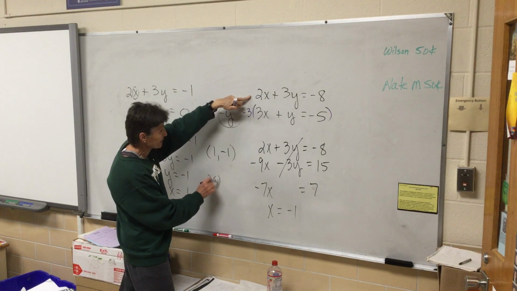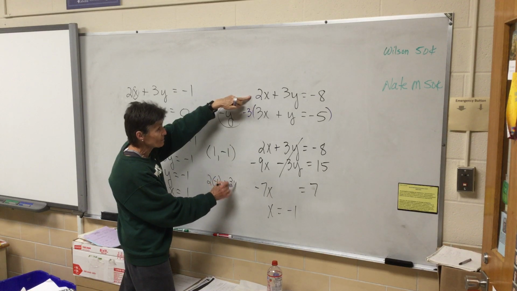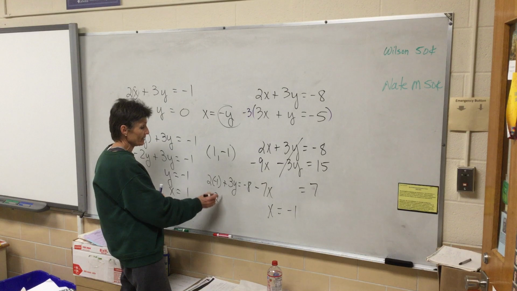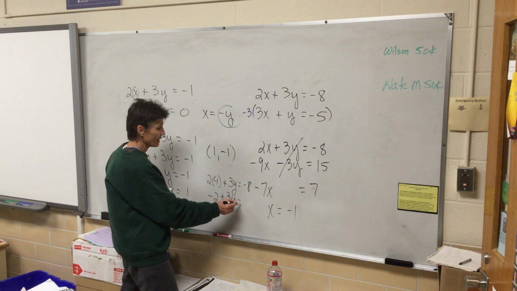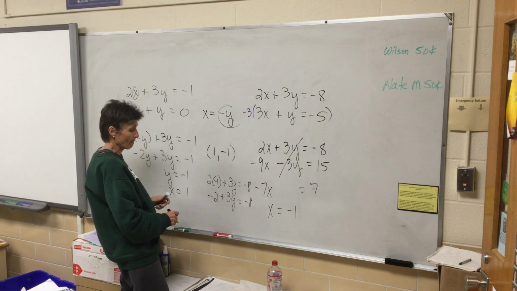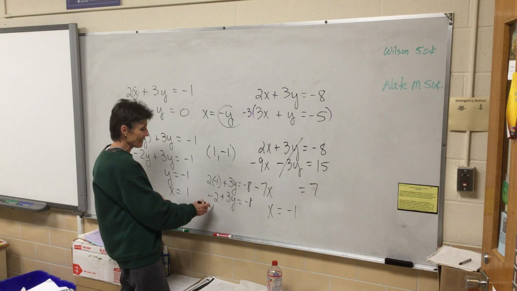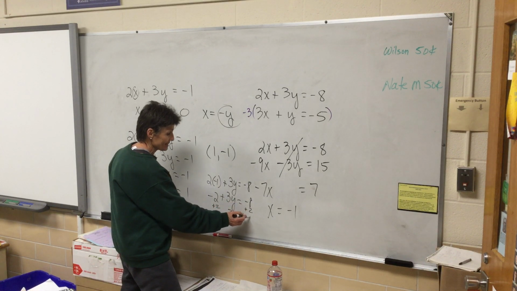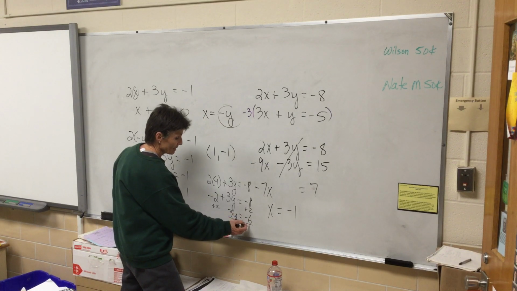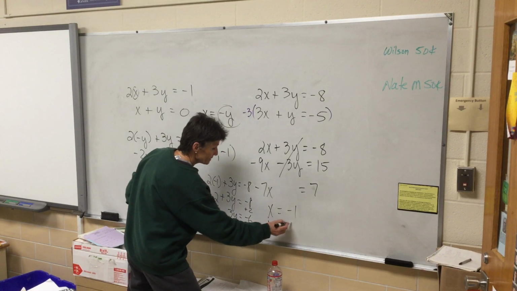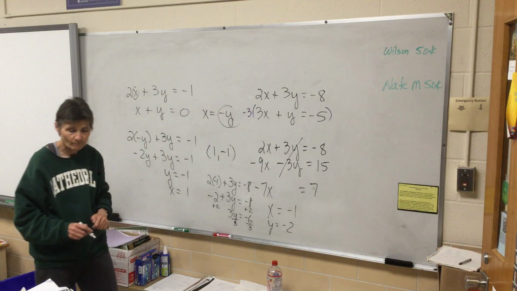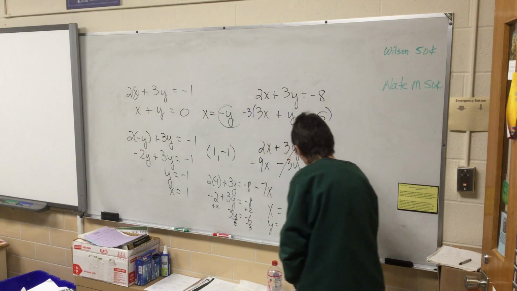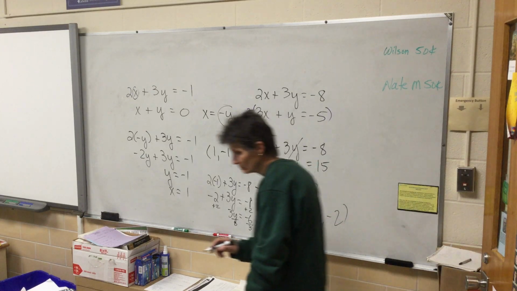So 2 times -1 plus 3y equals -8. -2 plus 3y equals -8. Adding 2, 3y equals -6. And y equals -2. So I write my answer as -1, -2.